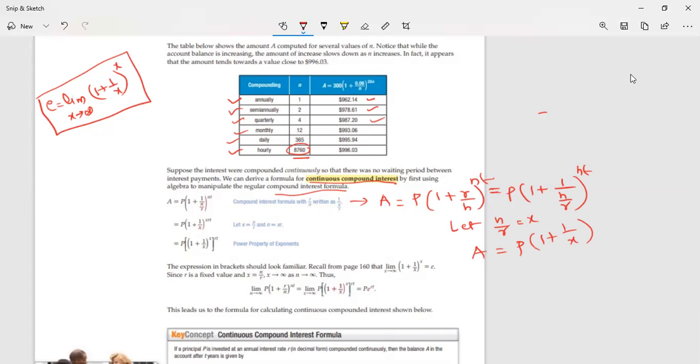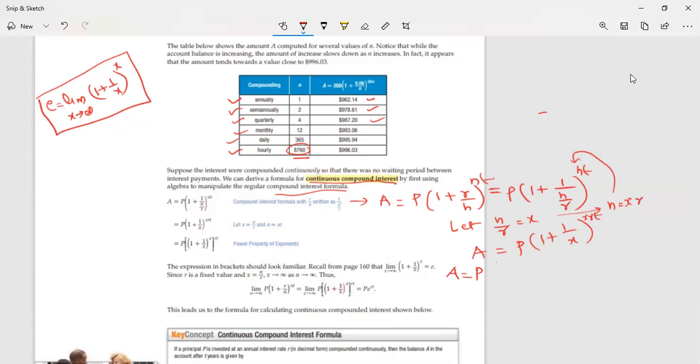R will multiply here, so N will be equal to RX or XR. So this N is replaced by this one, and instead of N here, we can write XRT.